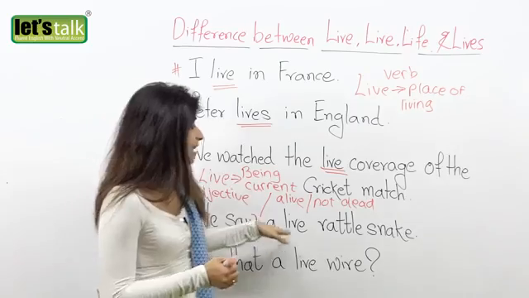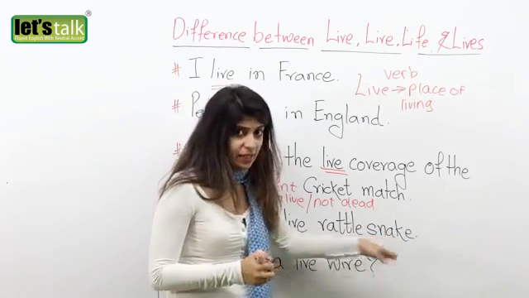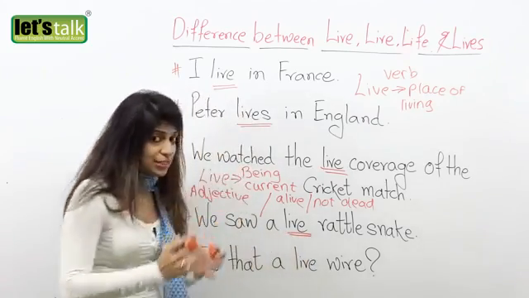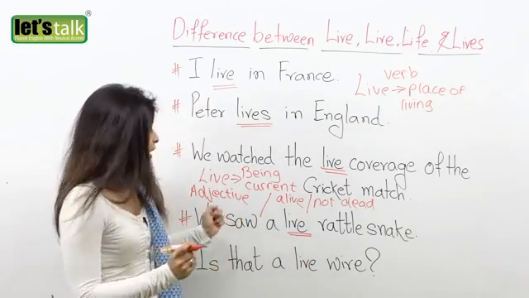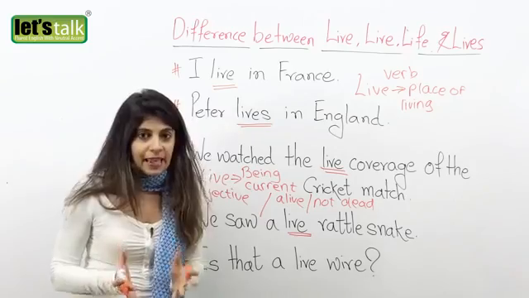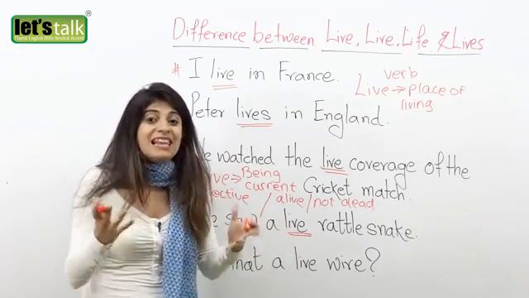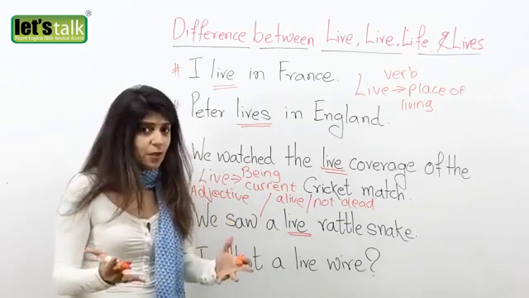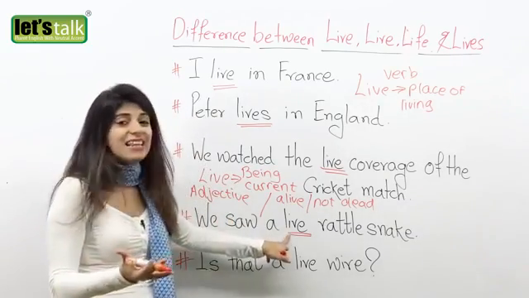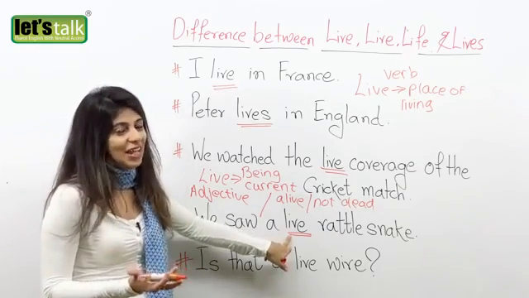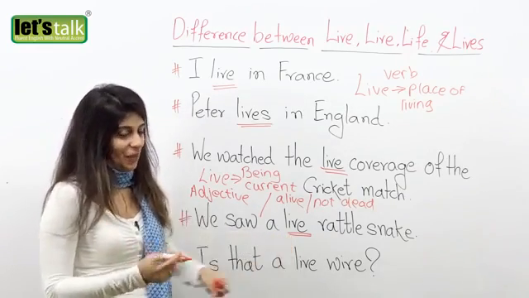We saw a live rattlesnake. So here we are using the word live, which is again an adjective. We saw a live rattlesnake. So a live rattlesnake means a rattlesnake that was alive. It was not dead, it was alive. So I have used the word live, L-I-V-E.